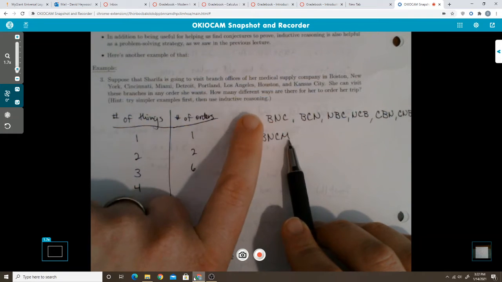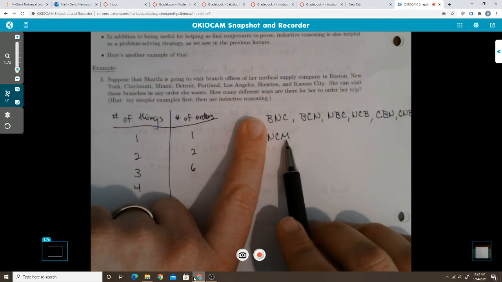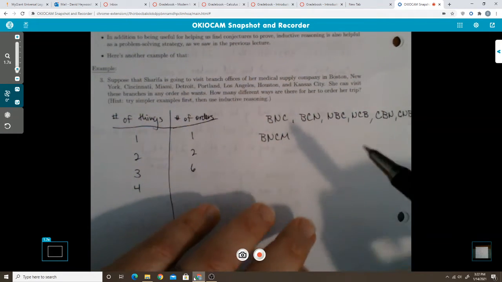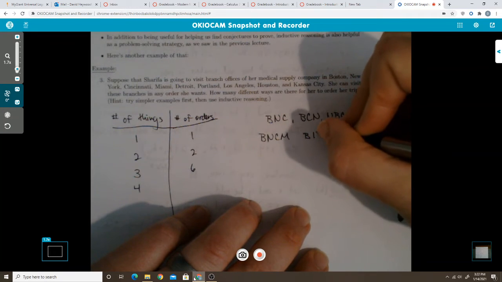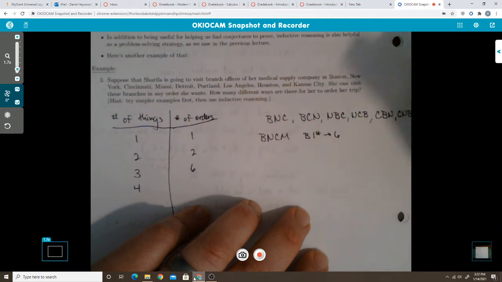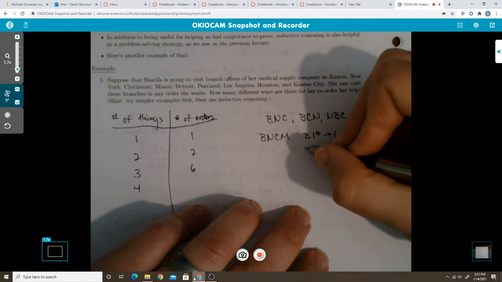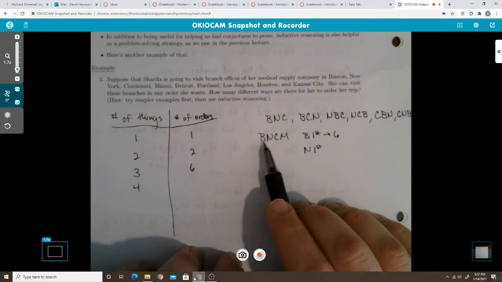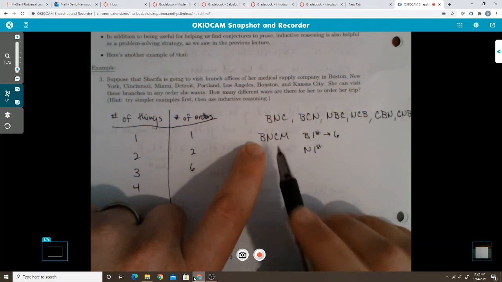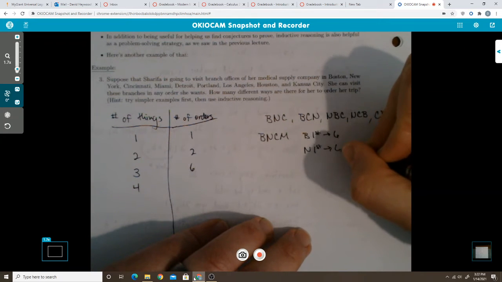We just did it a second ago. So if B is first, then there are 6 ways to order the remaining 3 letters. What about if New York comes first? Well, then you would have to reorder B, C, and M. So there are still 3 letters there. There are going to be 6 ways to do that, right?